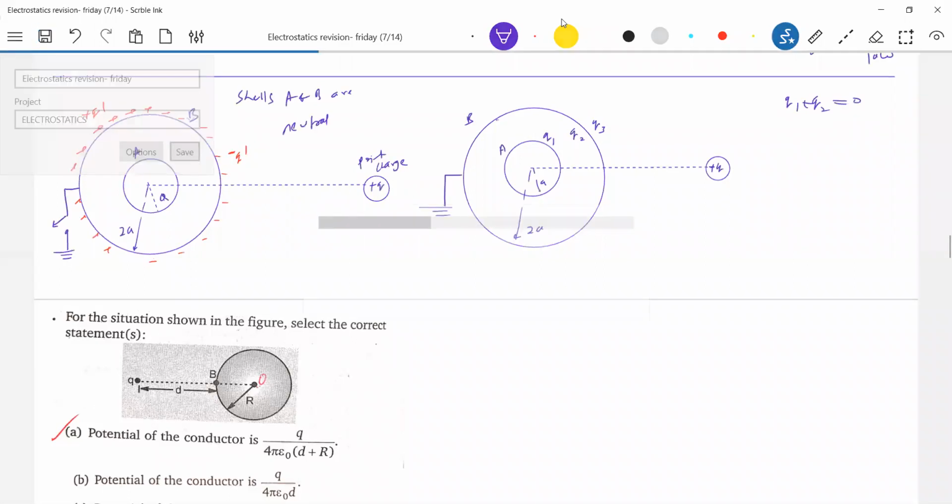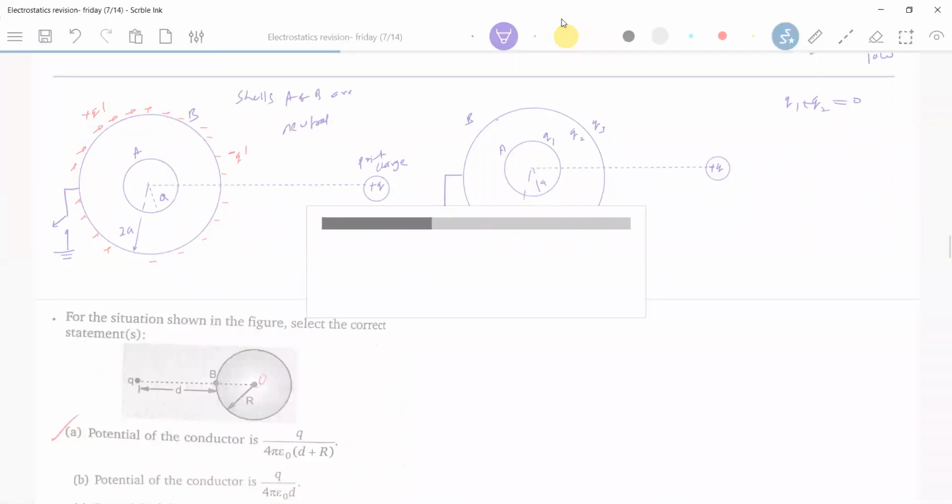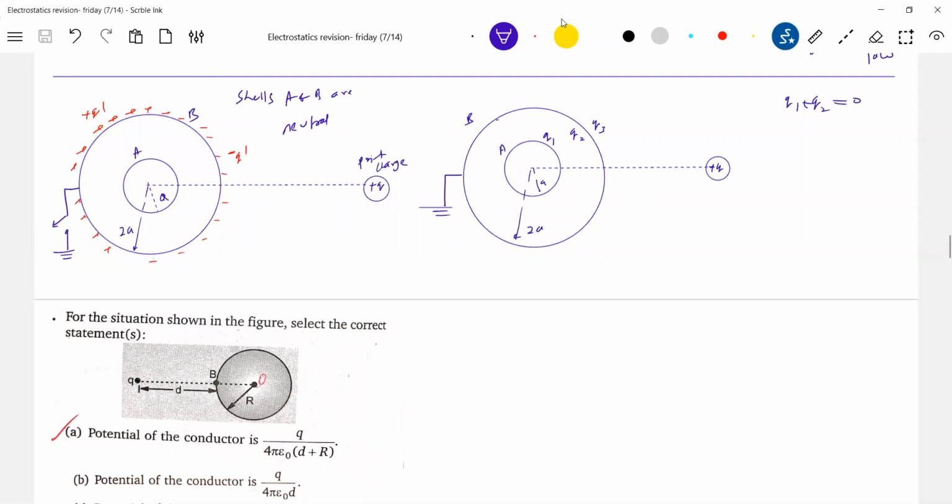I have conditions like this. Now a point charge Q is kept, then shell B is earthed. The charge of shell A was 0, now also it should be 0. So therefore Q1 should be 0. If Q1 is 0, then Q2 also will be 0.